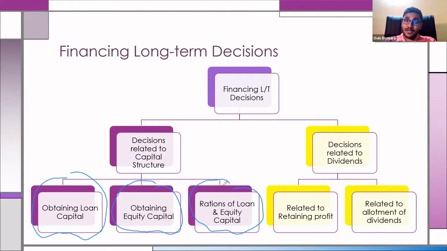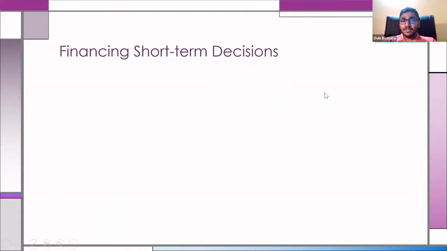And after that, whatever we are going to release out of that, how much we are going to pay as dividends to the shareholders needs to be decided. So out of the profit we have earned, how much we are going to keep and how much we are going to release as dividends to the shareholders. So these are the financing long-term decisions.